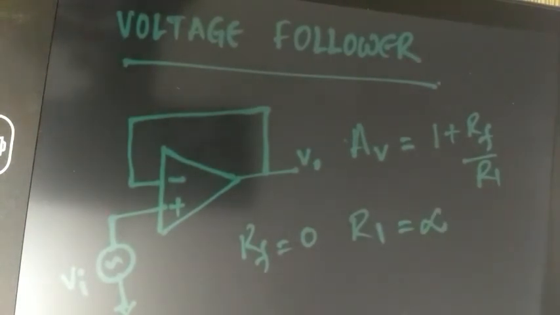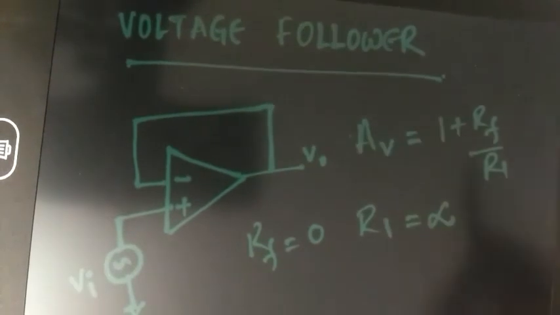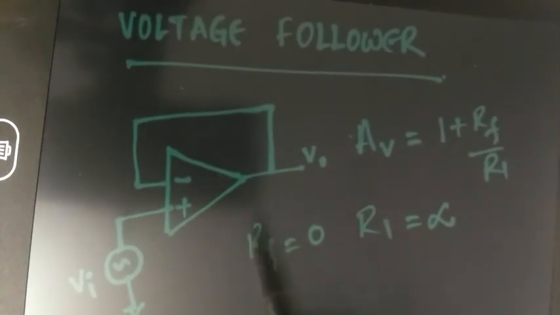So the gain of the circuit becomes unity. You can see from here, RF is 0, R1 is infinite, so this gain becomes unity. The circuit is then referred to as a unity gain buffer or voltage follower.